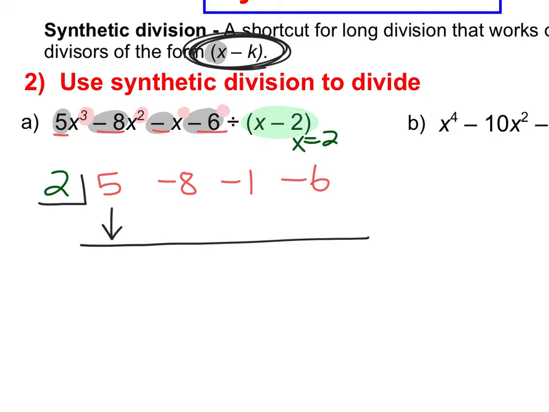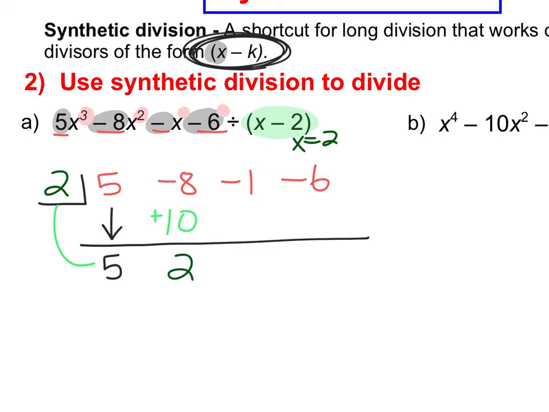Okay. The shortcut then is to leave a little bit of space there and draw a line, drop the first term. So that would just be 5. Multiply back, so 5 times 2 is 10, and that goes underneath the next term. And then we combine those terms together. So -8 plus 10, that is a +2.